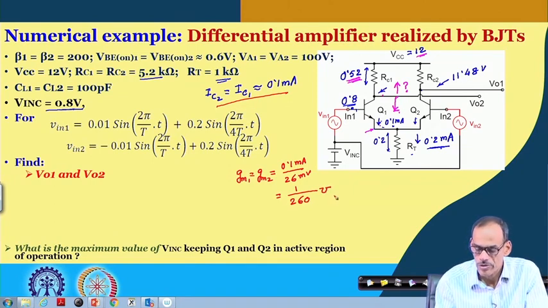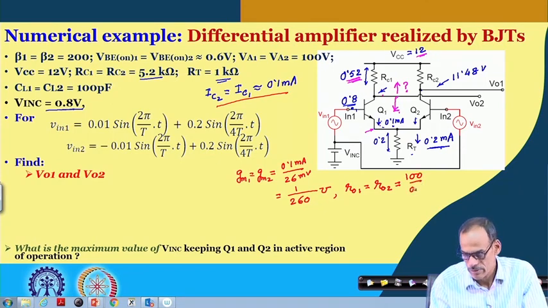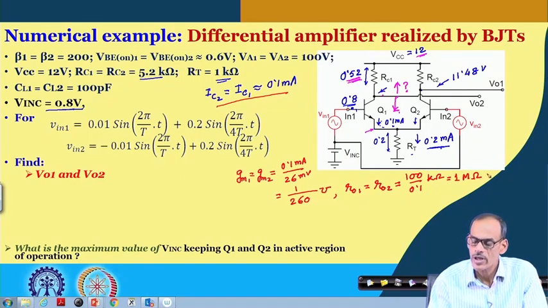Of course, the resistances RO1 and RO2 are also quite high, both of them being 100 divided by 0.1 K. So, that means 1 mega ohm, but it does not have any influence on the gain, because the output resistance is dominated by this passive resistance.